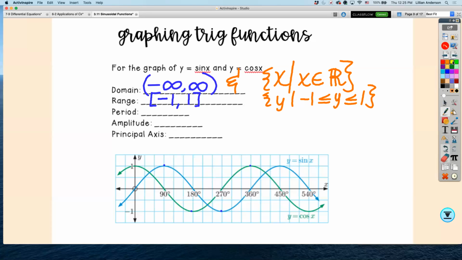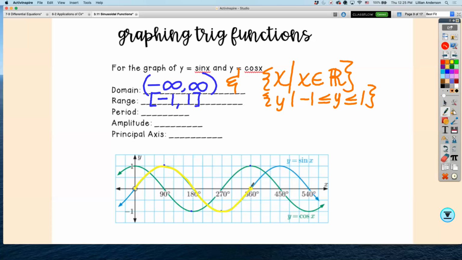Now the period of both of these graphs, remember the period is the horizontal distance that the graph travels before it starts to repeat itself. If I look at sine and I use my starting point, I go up, I go down some more, and I go up. What's happening after this point?